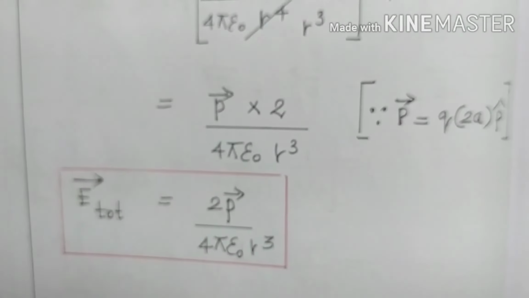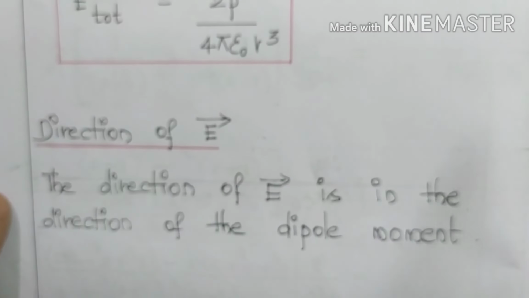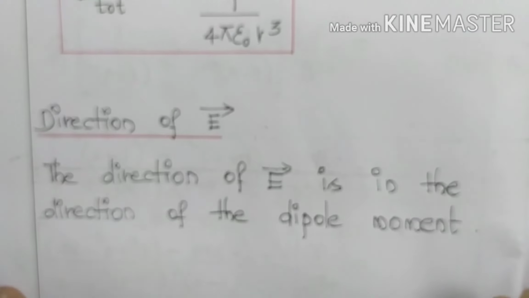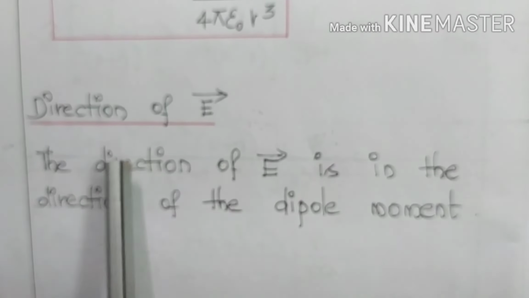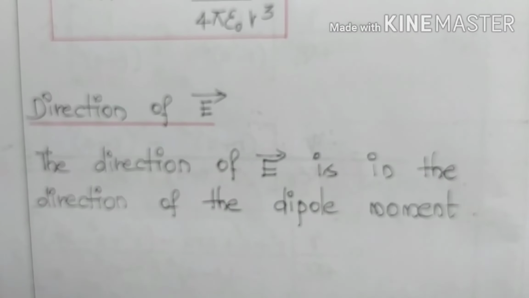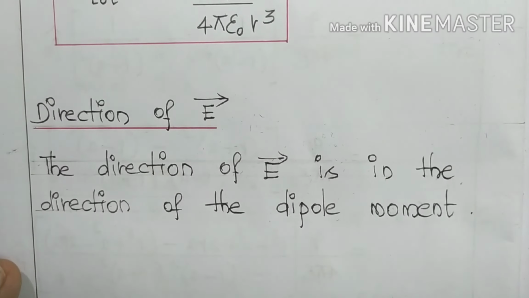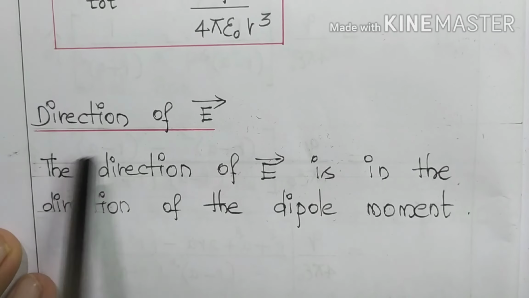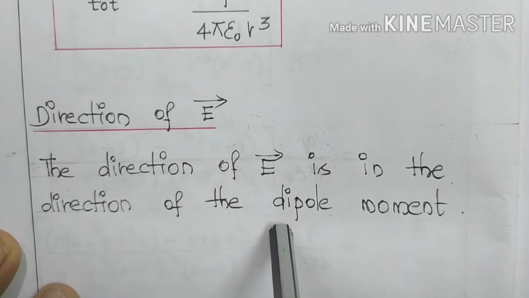That's why here it is given like this: the direction of E is in the direction of the dipole moment.